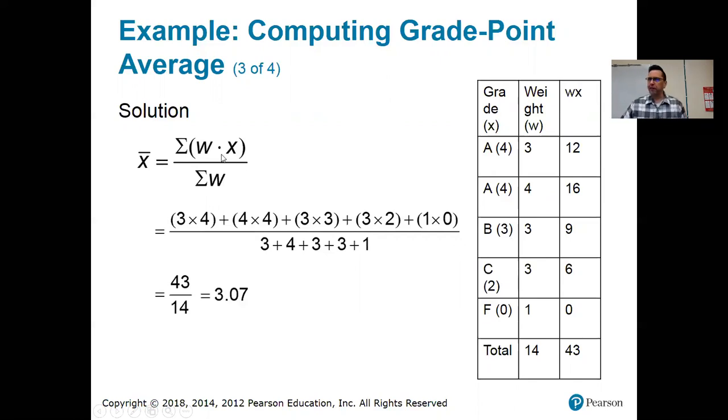So over here you have this formula that's very similar to your mean from a frequency distribution formula. Add up each weight times X. Add those all together. They add up to 43. It's really easy to do that when you do it in the form of a table.